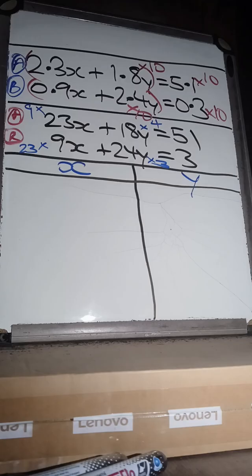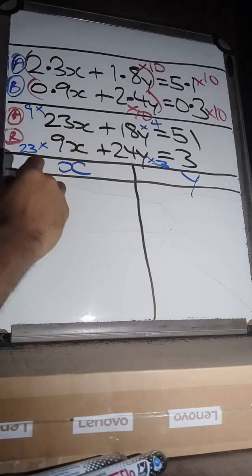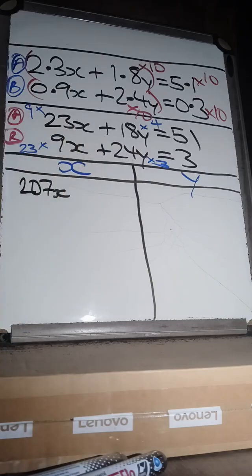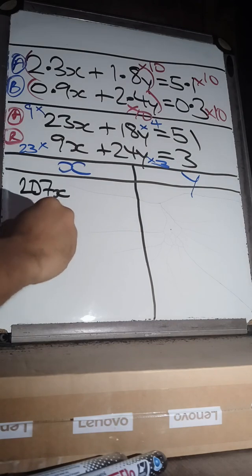So 23 times the 9 is 207x. So 9 times 23. So we're doing 9 times everything up here. So 9 times 23, then 9 times 18. So what is that now?